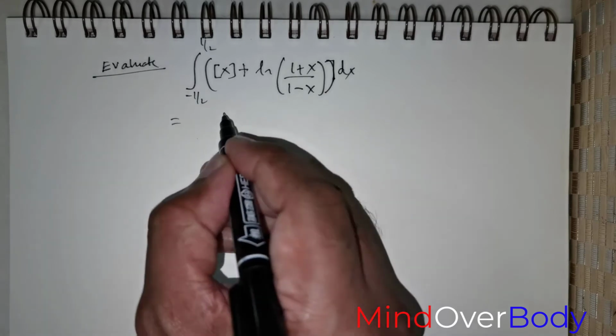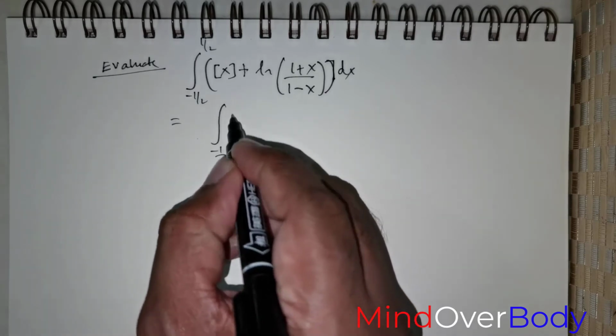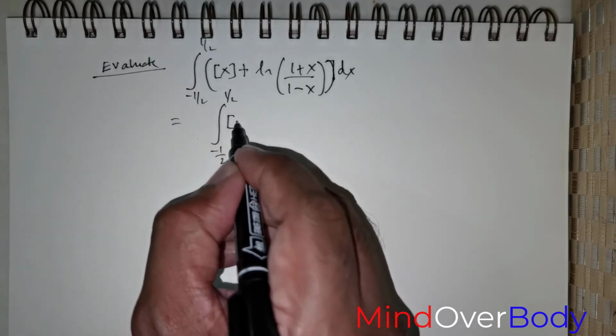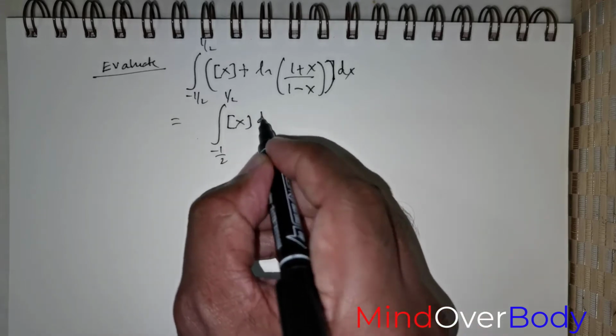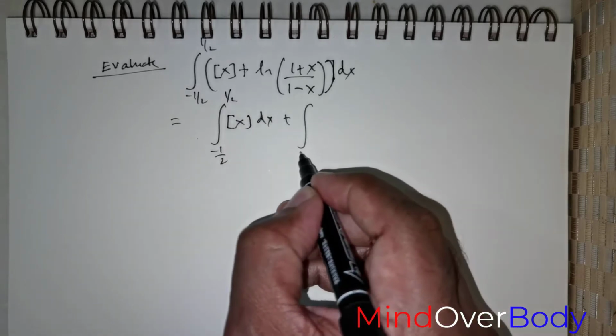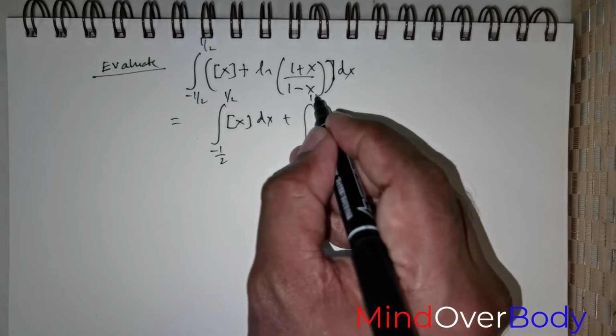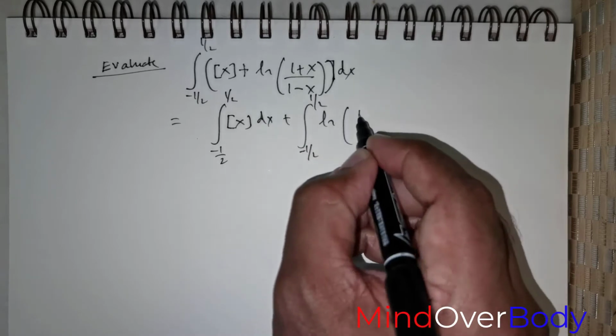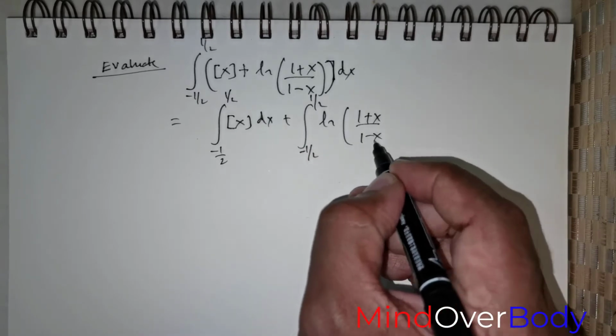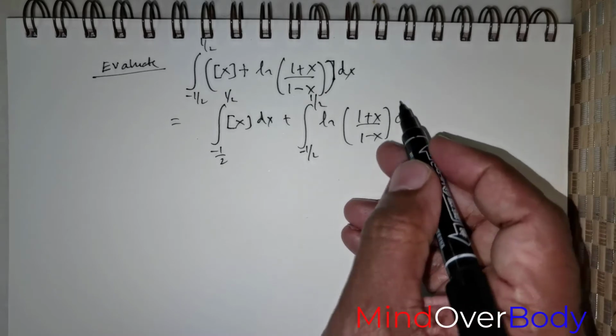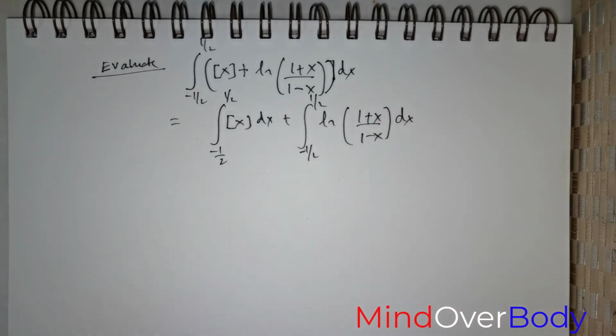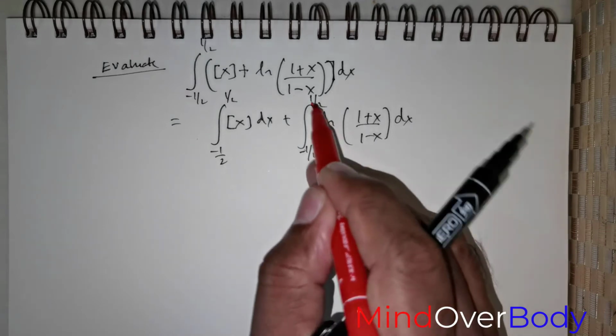Now I'm going to rewrite this as the integral from negative 1/2 to 1/2 of the greatest integer function of x dx plus the integral from negative 1/2 to 1/2 of ln of (1 + x)/(1 - x) dx. Now this is clearly an odd function, so this is going to be 0.